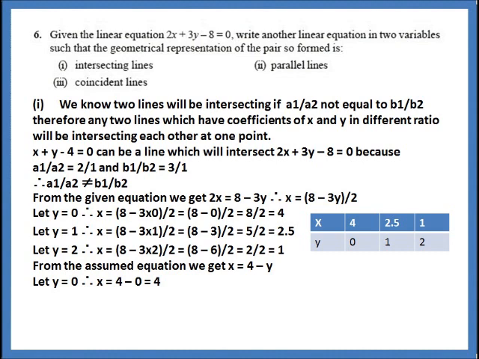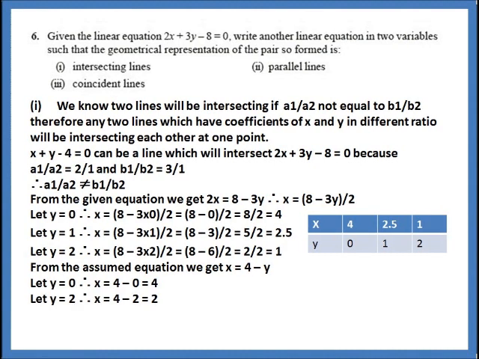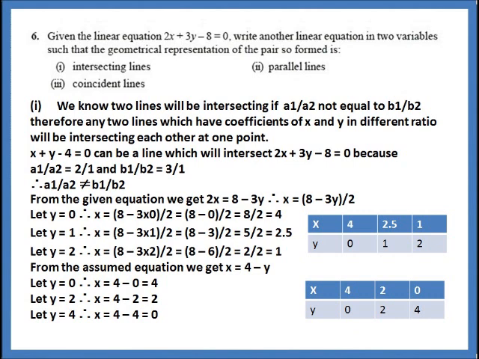Let y is equal to 0, therefore x is equal to 4 minus 0, that is equal to 4. Let y is equal to 2, therefore x is equal to 4 minus 2, that is equal to 2. Let y is equal to 4, therefore x is equal to 4 minus 4, that is equal to 0.